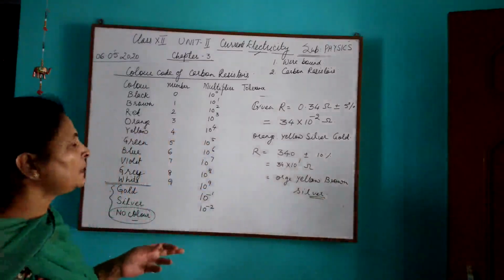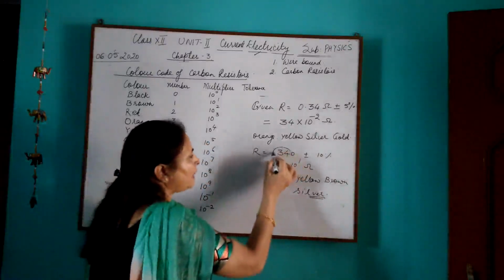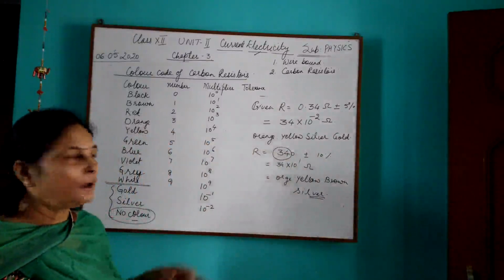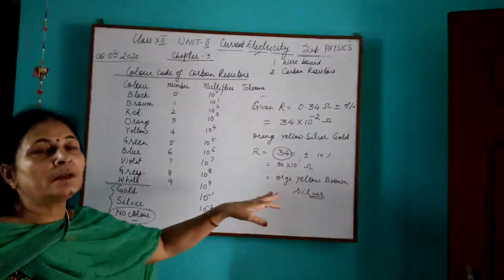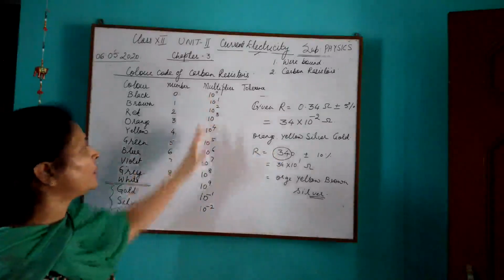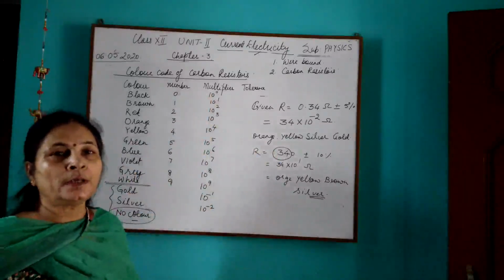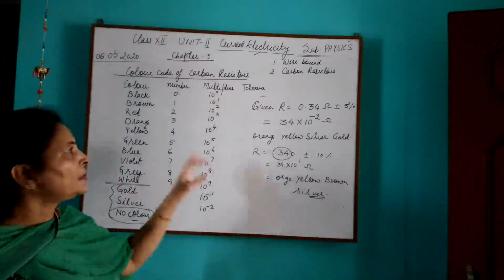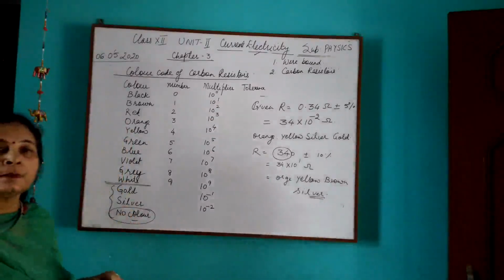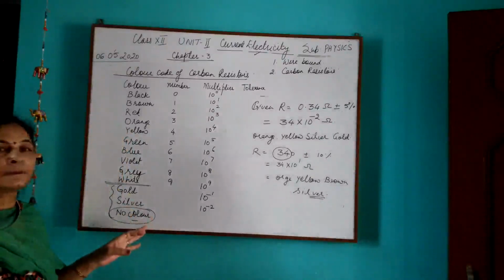So what you are going to do is retain your first 2 digits in any of the values. Retain the first 2 digits and the rest of the things shall be written in terms of 10 to the power, and then accordingly multiplier and tolerance are to be used. So in this manner, try doing this concept of carbon resistance. Thank you.